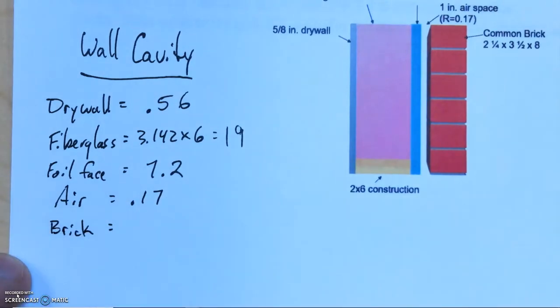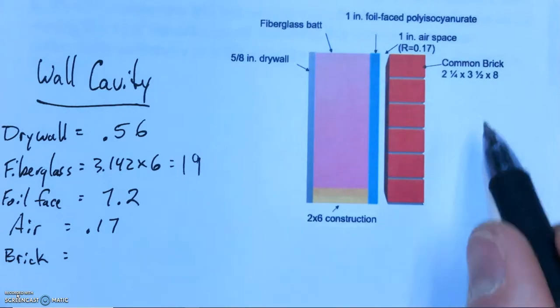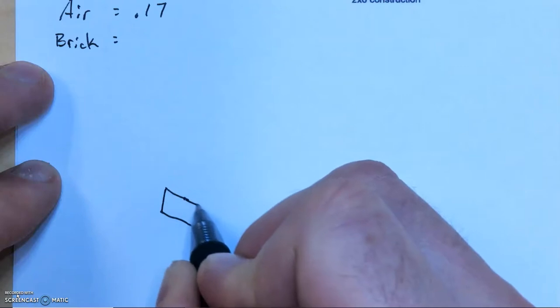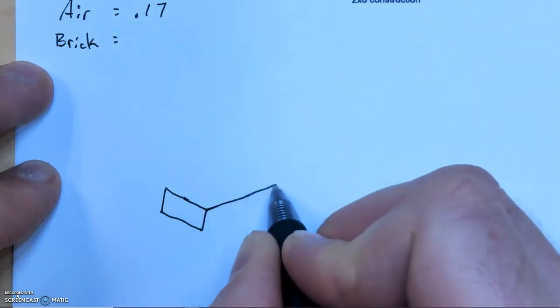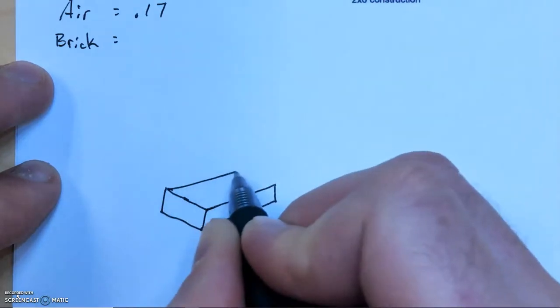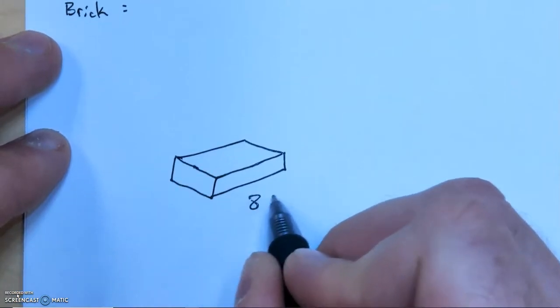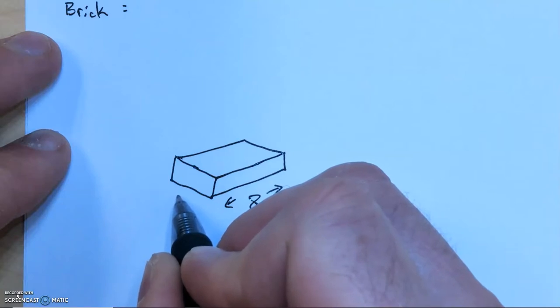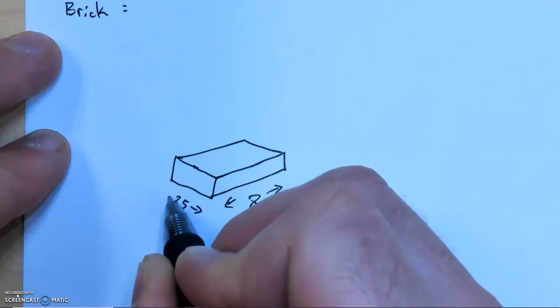Okay, and then we got some brick. Now the brick, okay, they give you some measurements here. So let's look down here. So we got a brick drawn out. Okay, it's going to be 8 inches that way, and it's 3.5 going this way.